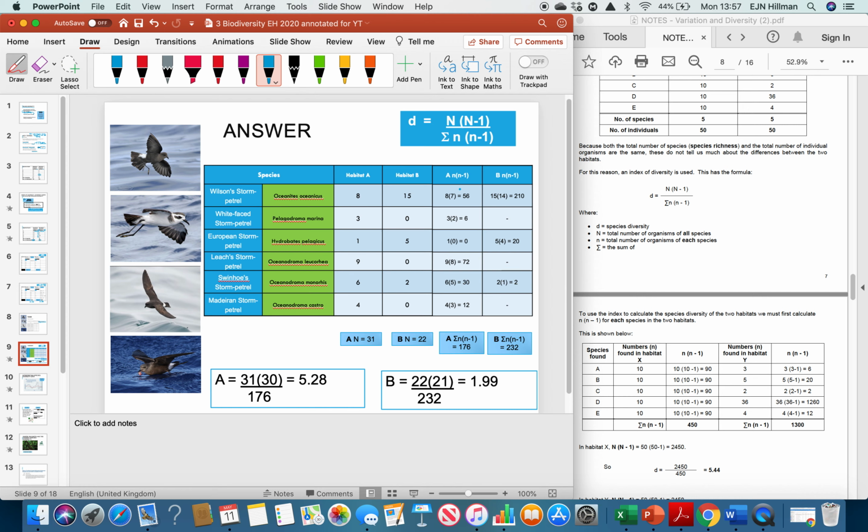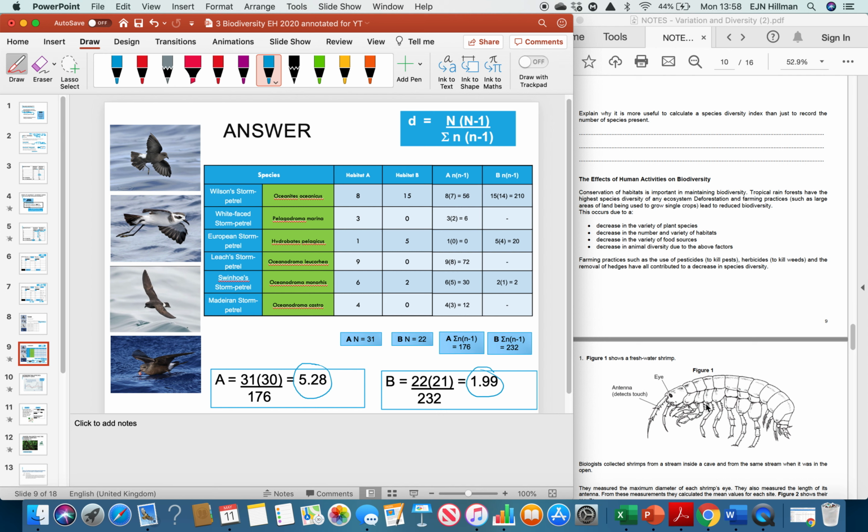And then the sum of n multiplied by n minus 1 in total is 176 in A, and then 232 in habitat B. That gives us, so 31 multiplied by 30 over 176 gives us a value of 5.28 for the index of diversity, whereas in habitat B, lower at 1.99.